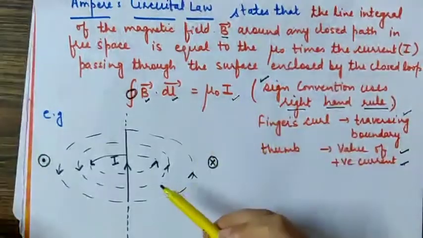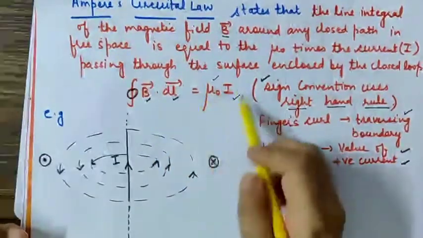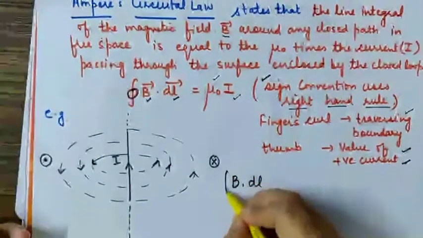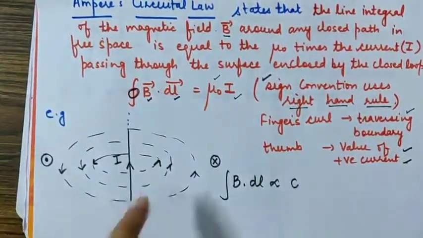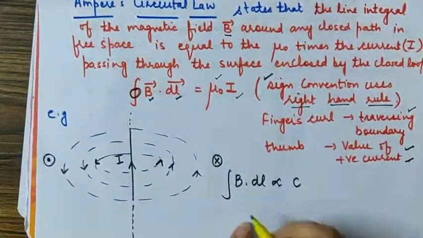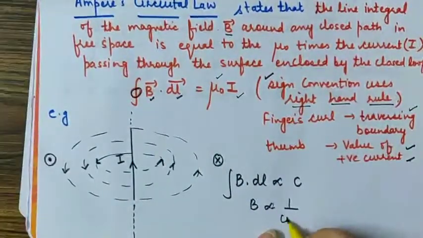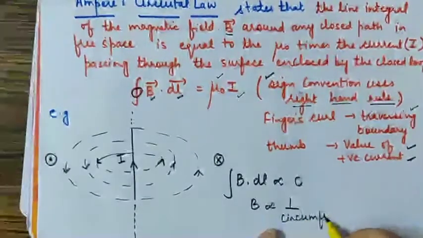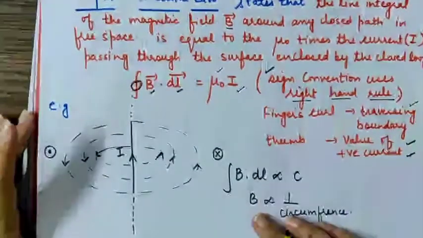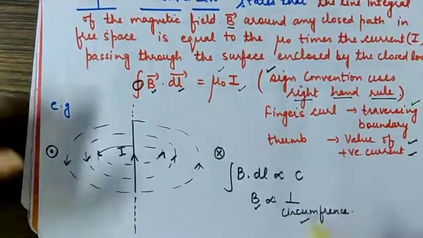If current in the wire remains constant, and mu naught, if the medium remains constant, then the product of B and dl should be a constant quantity, such that B and the circumference of the loop are inversely proportional to each other. This is true as long as the magnetic field is in a circular path.